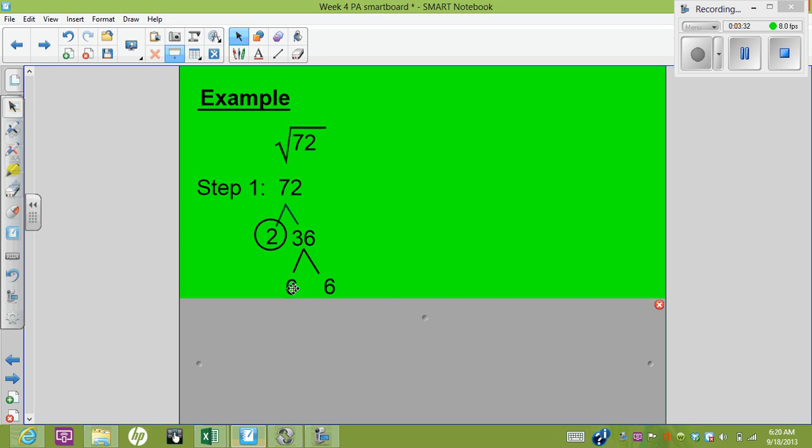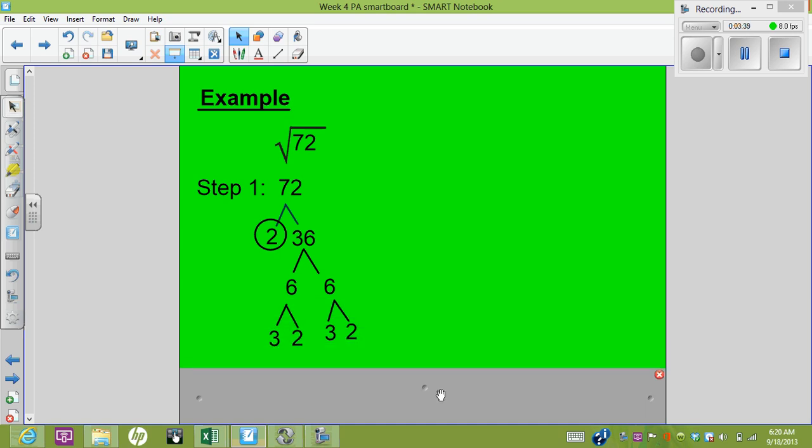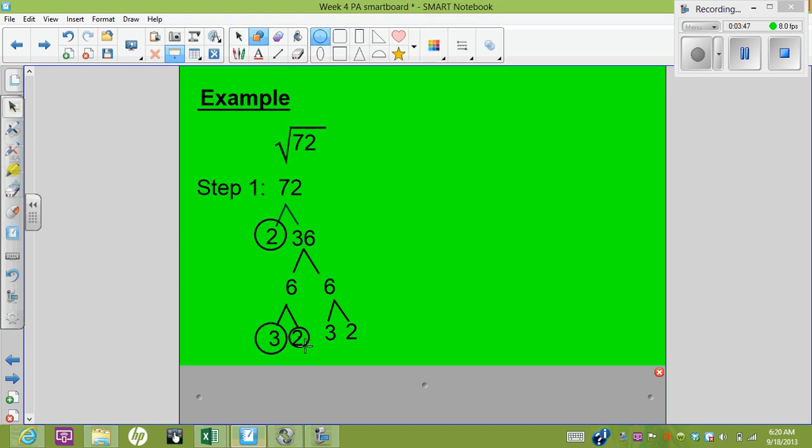But neither 6 is a prime factor, so I'm going to have to break them down even more. Each 6 gets broken down into a 3 and a 2. And 3 is a prime factor, 2 is a prime factor, 3 is a prime factor, 2 is a prime factor.